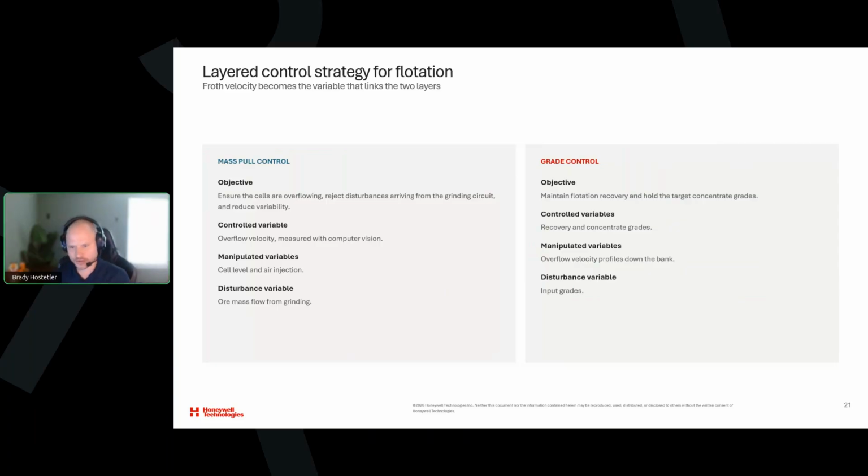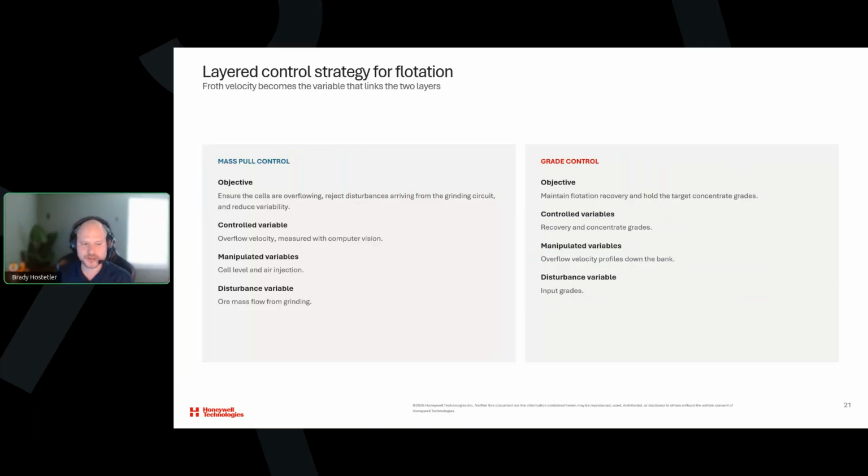So for mass pull control, the objective is to keep cells overflowing and reject disturbances arriving from the grinding circuit. The controlled variable is overflow velocity measured with computer vision. And the manipulated variables include cell level, air injection, maybe reagents as well.